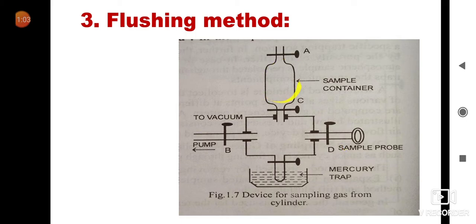The sample container is an elongated cylindrical vessel having tubes at both ends. In this container the gaseous sample is collected. The containers are made of glass or steel, or you can say iron material. Okay, this is about the sample container. Now we will see the flushing method.